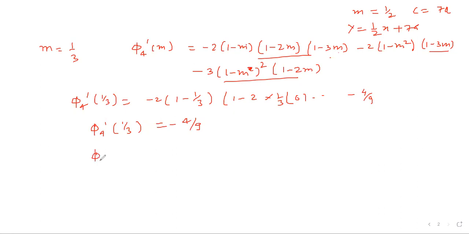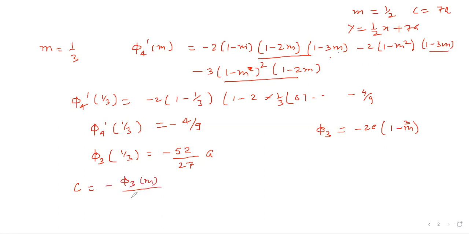Now phi 3m, here m is 1 by 3. So phi 3. And we know phi 3 equal to, we have minus 2a times 1 minus m cubed. So we put the value of m as 1 by 3 here. So we will get minus 52 divided by 27 a. Again, we find value of c. The c will be given by minus phi 3m divided by phi 4 dash m.